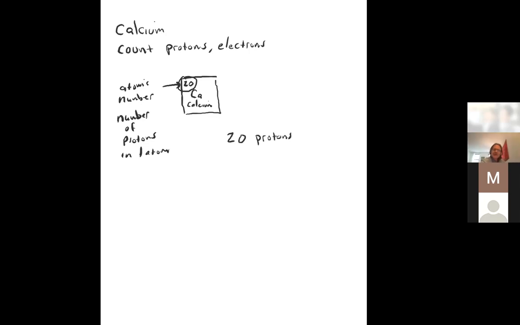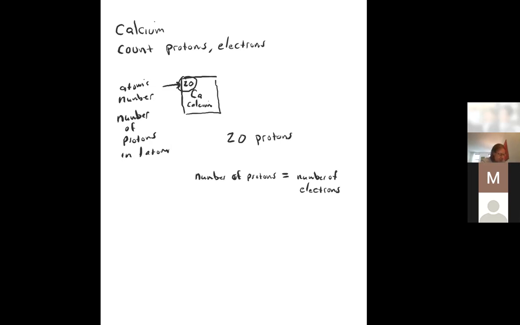Now here's the nice thing about this particular problem. In an atom, the number of protons is equal to the number of electrons. Isn't that cool? It's perfectly balanced in an atom.